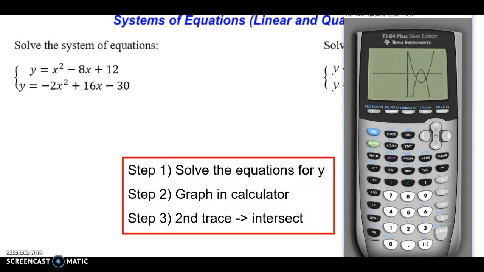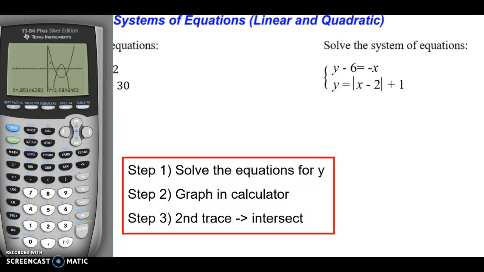But just to review, I want to show you a cool way to zoom. Everyone hit zoom. We haven't done it in a while, but number 1 is zoom box. Hit enter. And it should be flashing at the center. Move your cursor to the top left corner, and then when you hit enter, it allows you to drag a box around what you want to zoom into.